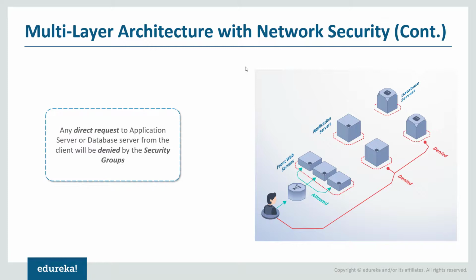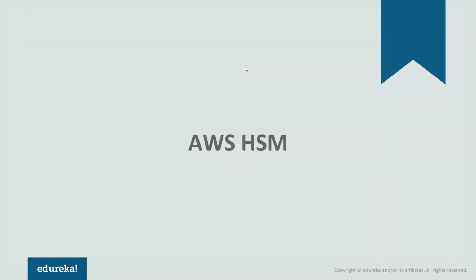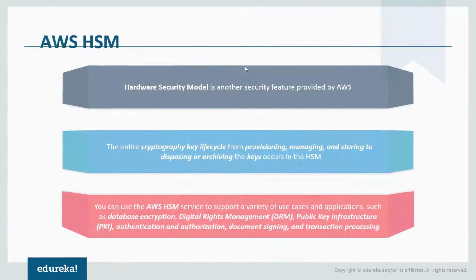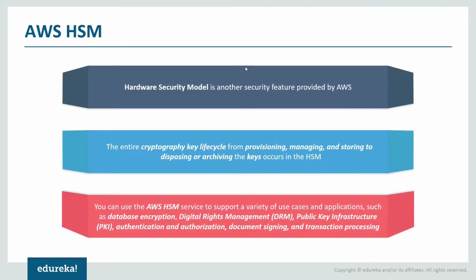The other important factor to consider is storing the secrets, and it's very important to manage AWS secrets, and the best security solution that we have to manage our secrets is HSM, Hardware Security Module. It's a feature provided by AWS.